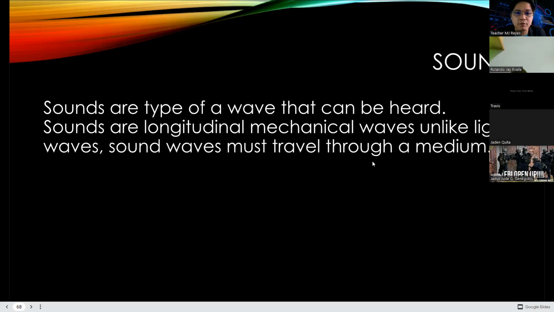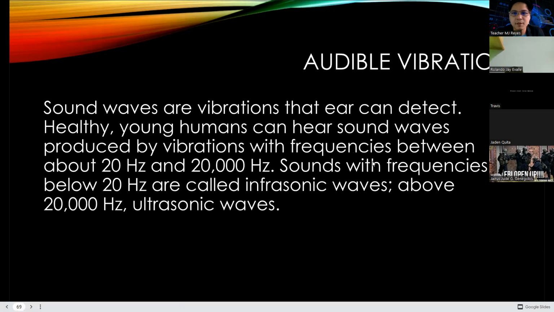Unlike light waves, sound waves must travel through a medium. Okay, audible vibration. Sound waves are vibrations that the ear can actually detect. Healthy young humans can hear sound waves produced by vibrations with frequency between 20 hertz and 20,000 hertz.